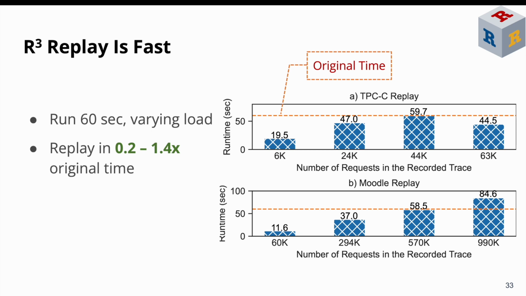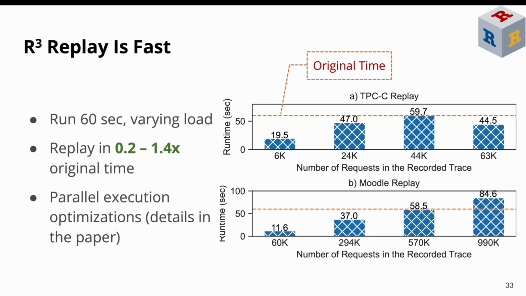We find R-Cubed can faithfully replay past requests within 0.2 to 1.4 times of the original time, mostly faster, sometimes slower. We can be faster than the original execution because we use several optimizations such as parallelizing replay execution and commit. The main bottleneck is coordination and validating snapshots to guarantee correctness.